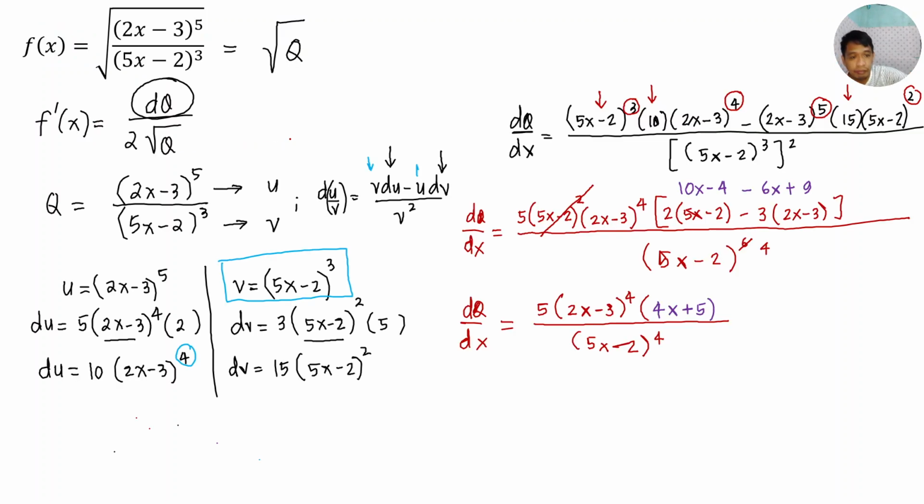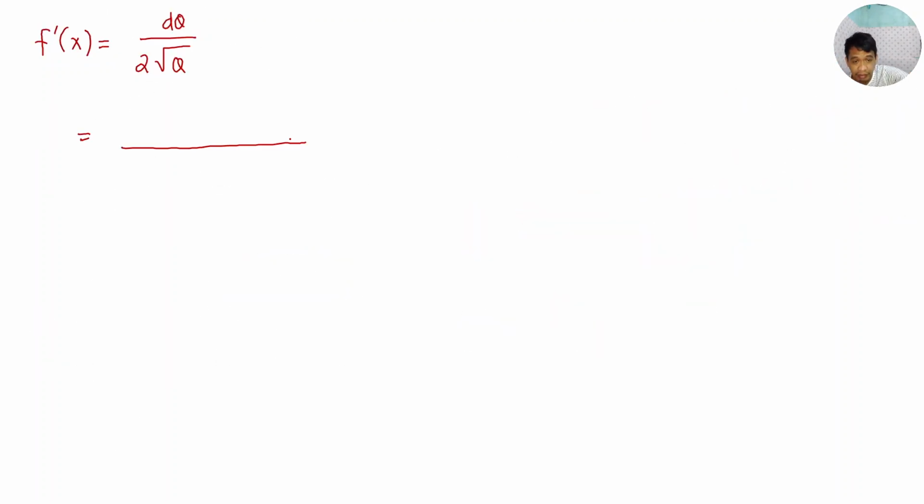So again, f prime of x is dq over 2 square root of q. But our dq is 5 times 2x minus 3 multiplied by 4x plus 5. Rewrite ko lang.